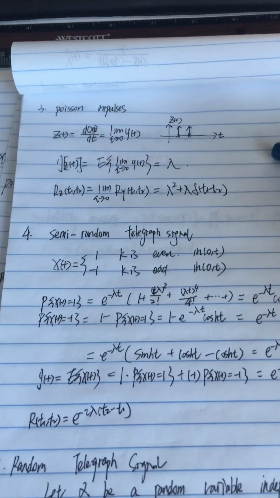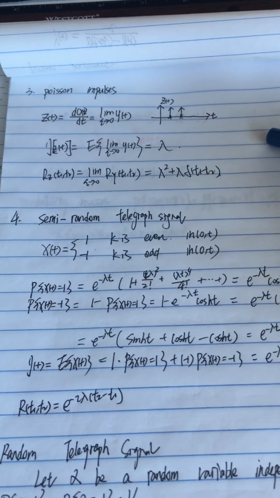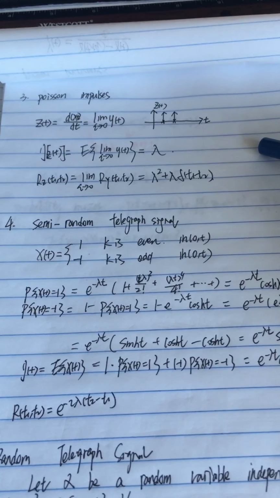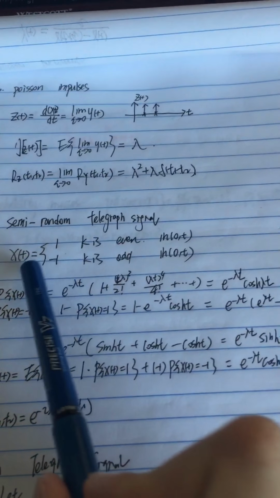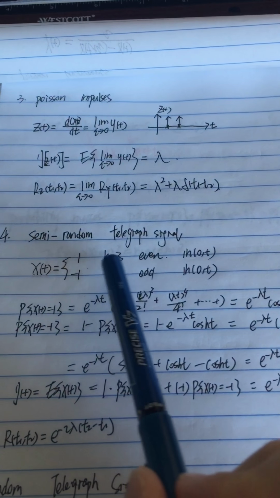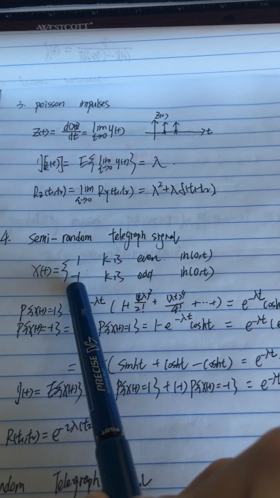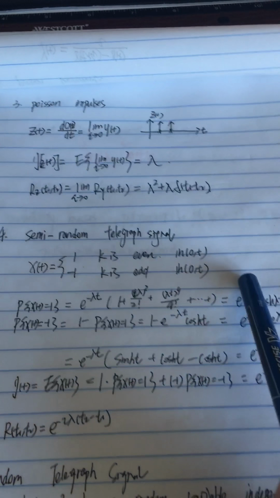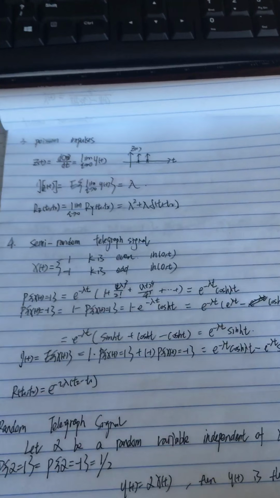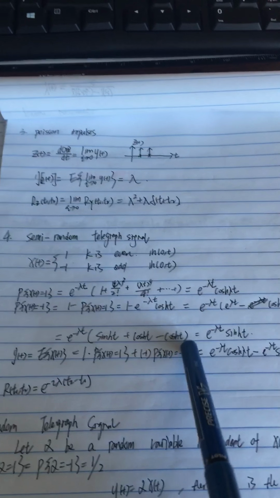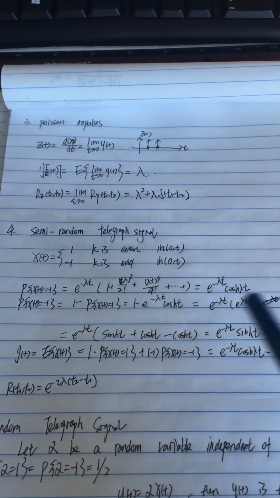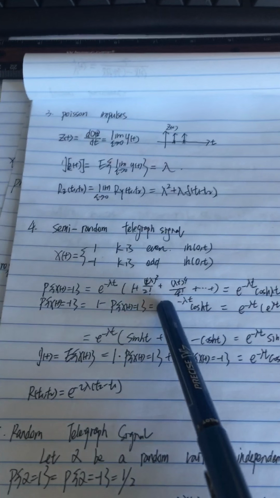The fourth example is the semi-random telegraph signal. This is its definition. X_t is equal to 1 when k is even in 0 to t, and X_t is equal to minus 1 when k is odd in 0 to t. We did this in homework 9, so I don't want to go into much detail.